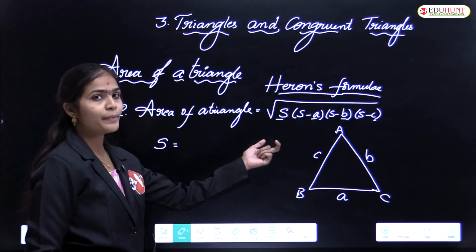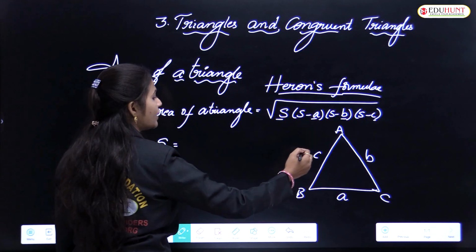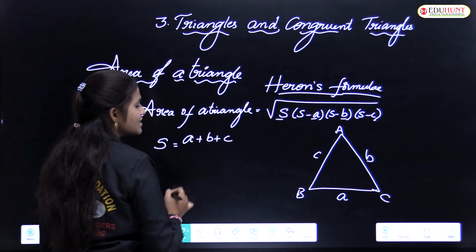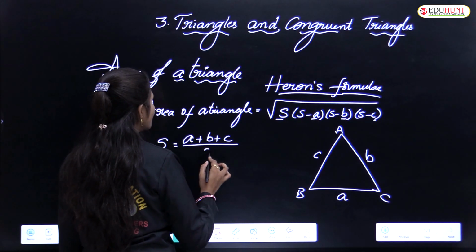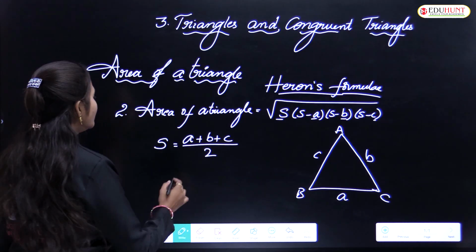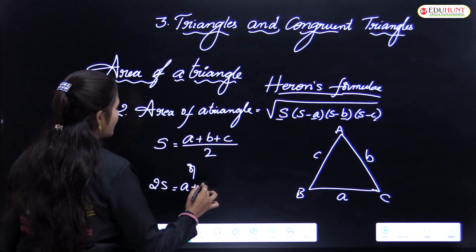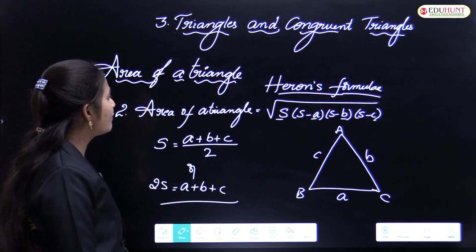What is the perimeter of a triangle? That is a plus b plus c, no? Half of the perimeter we are saying. So S is equal to (a plus b plus c) by 2, or we can say 2S is equal to a plus b plus c. Is it clear to you? So that is the value of S here.